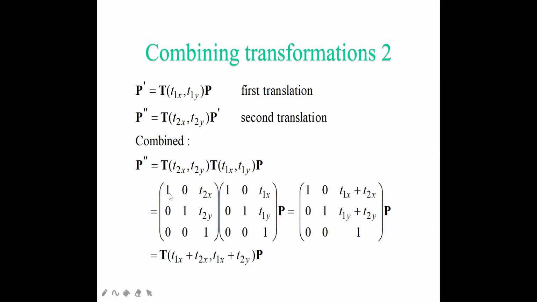So my diagonal will be 1, the x coordinate will be T2x, and the y coordinate will be T2y. The rest of the places will be 0. Similarly, I have to write this for the other translation vector. It will look similar: the diagonal will be 1, here T1x and here T1y. Then multiply it with your P.